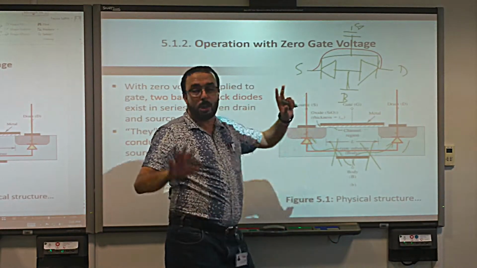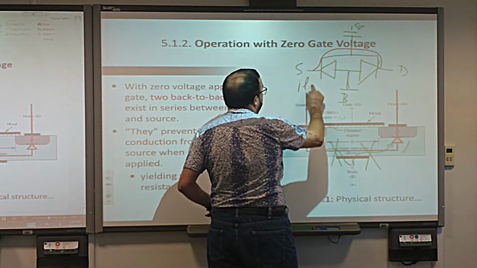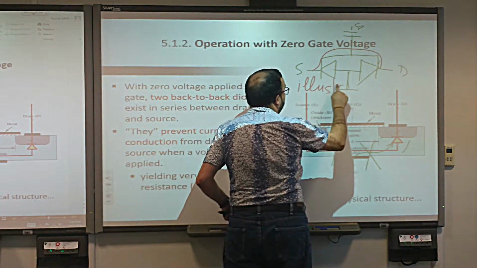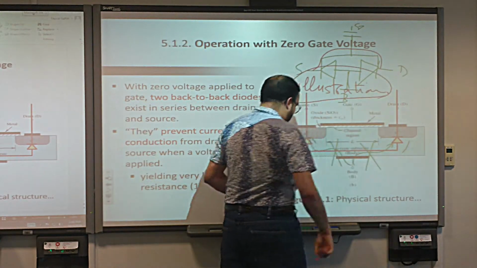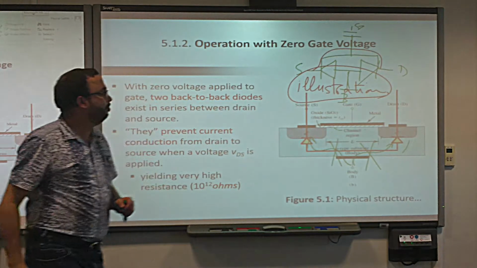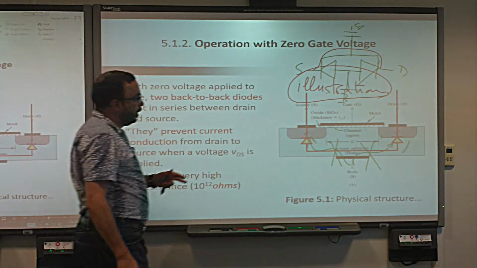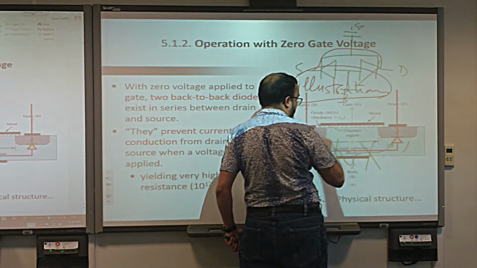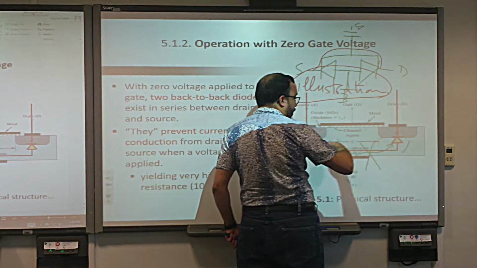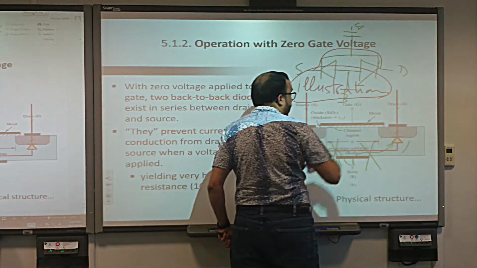And this is just to explain. I will write it in red. This is an illustration. It means it's not official. It's not real. It's just to explain how this thing works. All right? This is just for illustration. And therefore, the resistance here, because it's reverse biased here and there, basically the current is extremely small. That means the resistance here is extremely high.